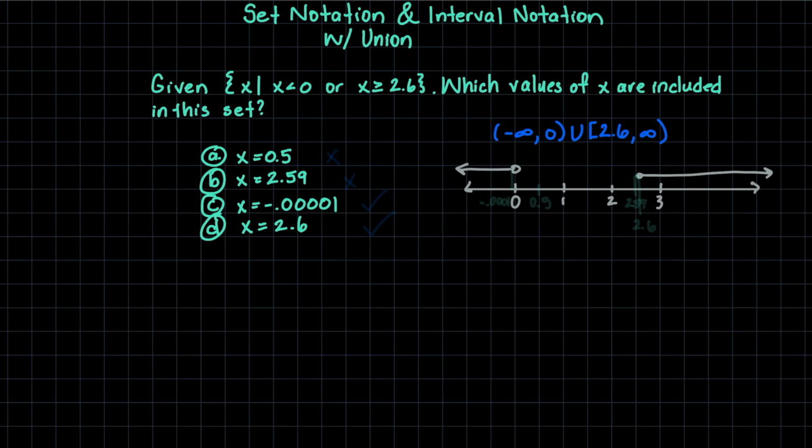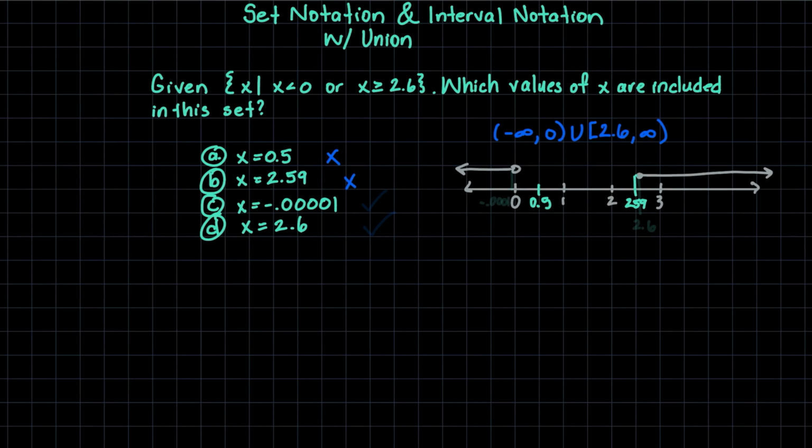So 0.5 falls here. And we can see that is not in our set. So no. 2.59 is just to the left of 2.6. Right there would be 2.59. Also, not in our set.